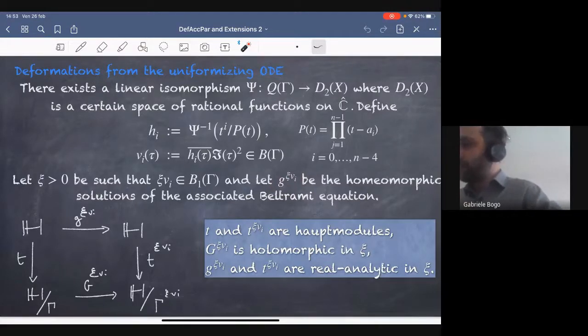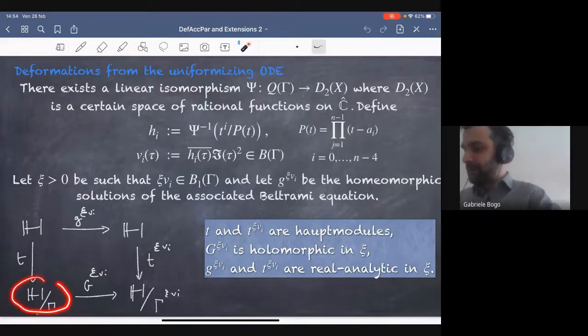What we did was just to construct a cusp form from a rational function. The rational function is given by t to the i divided by the polynomial, which is the one that gives the punctures on the sphere. From this cusp form, we constructed a Beltrami differential, and we multiplied it by some small constant in order to have sup norm smaller than 1. Then this gives us a homeomorphic solution of the Beltrami differential equation, and in particular we get this commuting diagram.